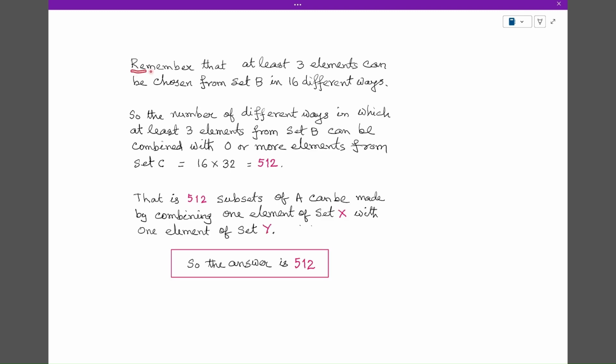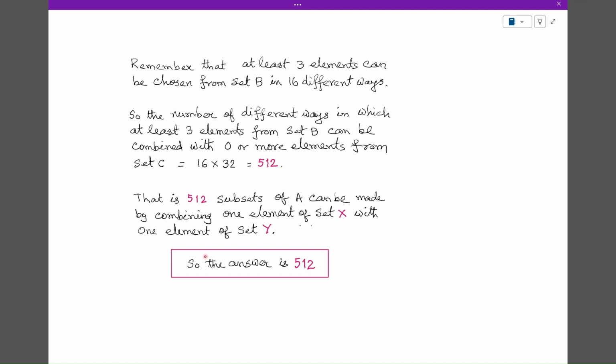Remember that at least 3 elements can be chosen from set B in 16 different ways. So, the number of different ways in which at least 3 elements from set B can be combined with 0 or more elements from set C is equal to 16 multiplied by 32, which we just now found out, and that is 512.